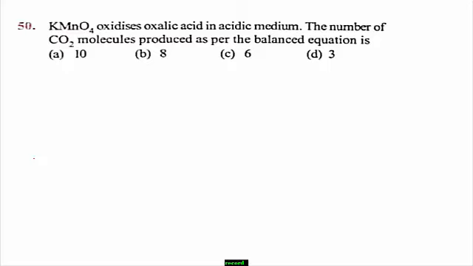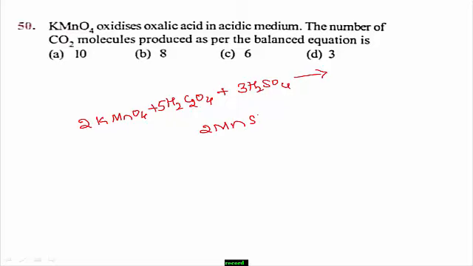Students, first I write the reaction. Here 2 moles of KMnO4 react with H2C2O4 oxalic acid. Usually 5 moles of oxalic acid are required here, and acidic medium, so I write 3 moles of H2SO4 gives 2 MnSO4 plus 10 CO2 plus K2SO4 plus 8 H2O.